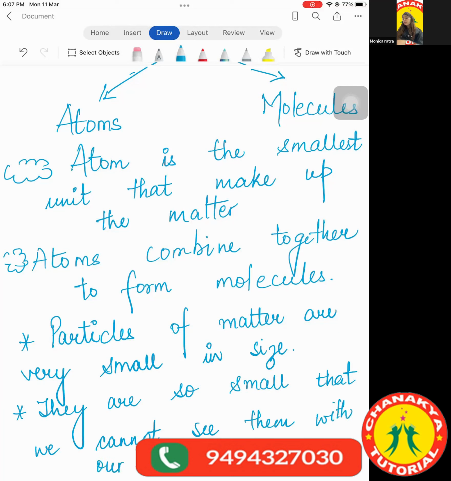What does it mean? It means that if you talk about a single atom, we cannot see one atom in any substance. We need maybe thousands of atoms to see any substance, right?